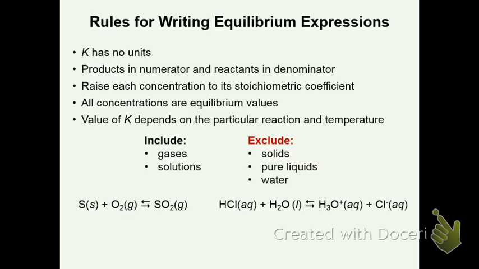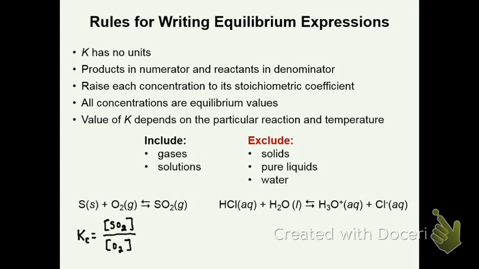So if we look at a couple more examples of equilibrium constant expressions, we see that if we have solid sulfur reacting with oxygen, we form sulfur dioxide. And so K for this reaction would be the concentration of sulfur dioxide divided by the concentration of oxygen.